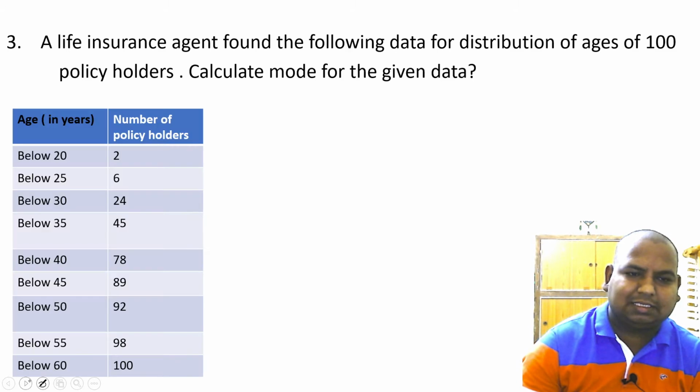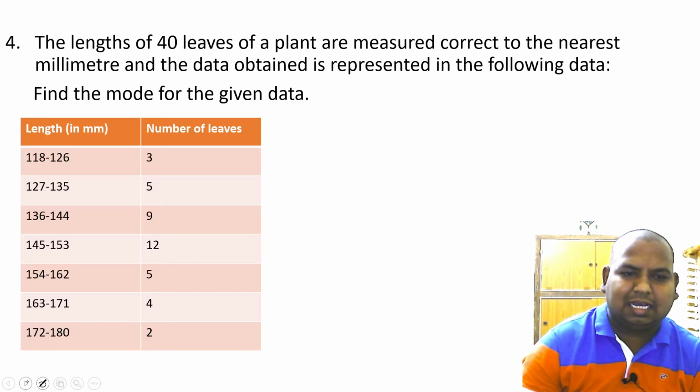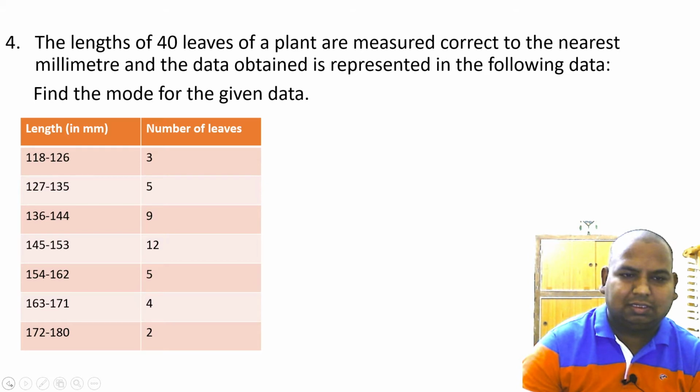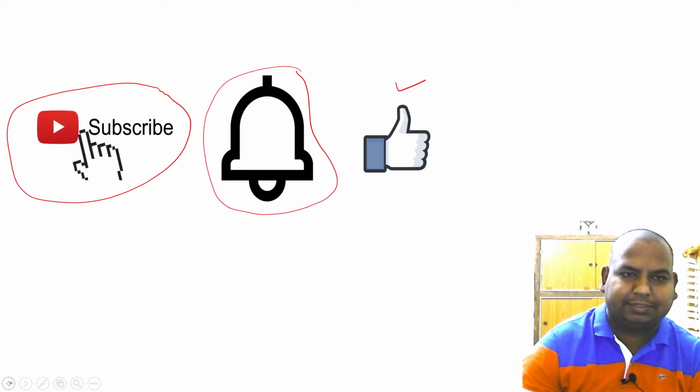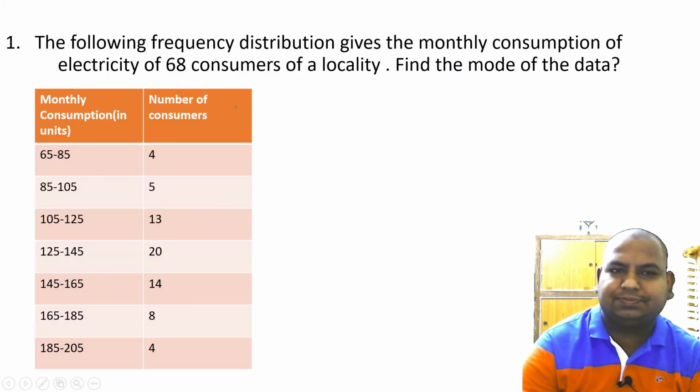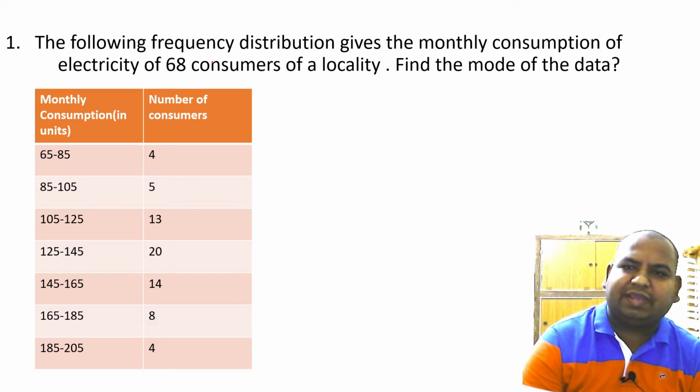If you master these 4 different models, you can easily solve any question of mode. Got it? So this is the first model. We have to find the mode of the data.